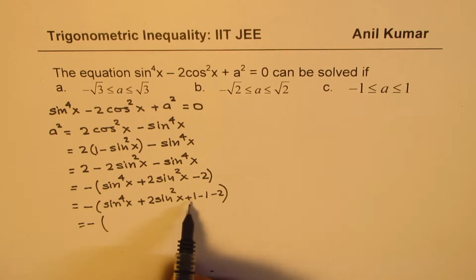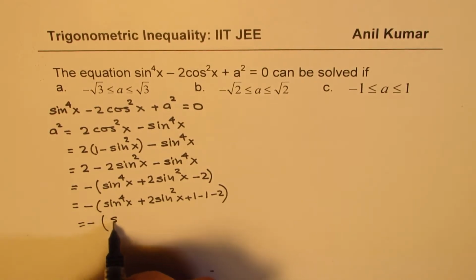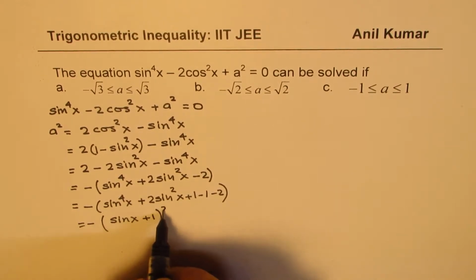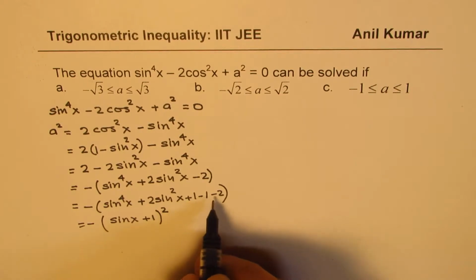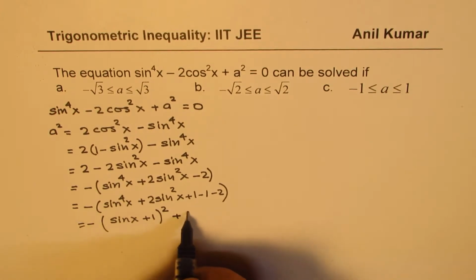First three terms form a perfect square, which is sine square x plus 1 whole square, right? And we can add this minus 1 to minus 2. It becomes minus 3. When you open the bracket, it becomes positive 3.